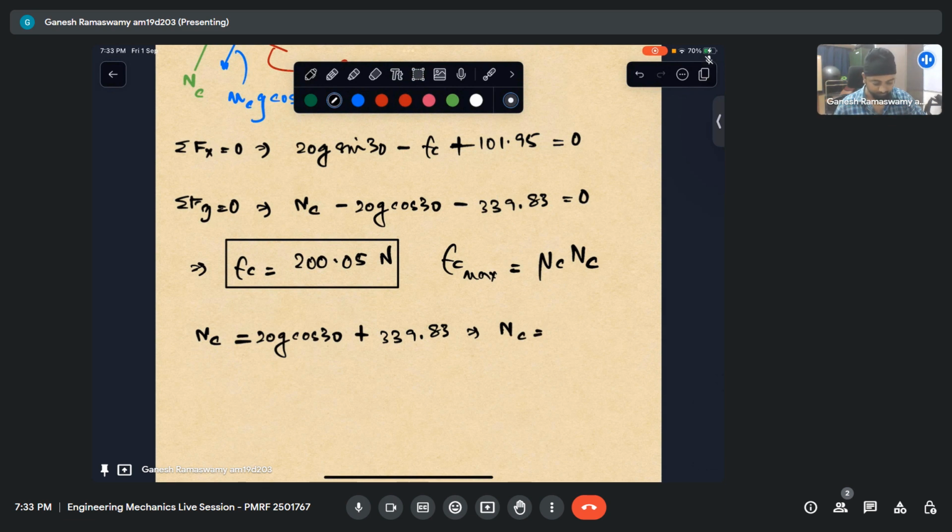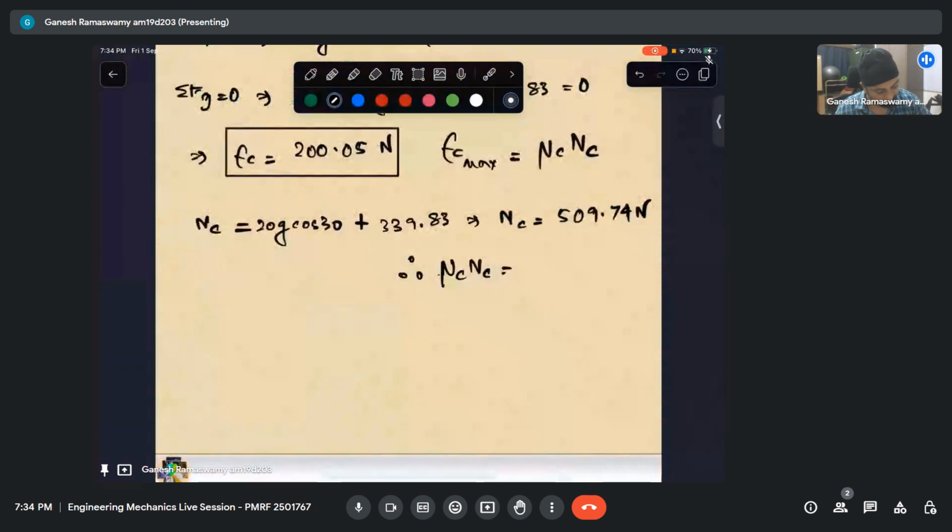So this NC comes out to be 509.74. Therefore, mu c NC is nothing but 0.45 into 509.74, which is Fc max is 45% of this, which comes out to be 229.38.